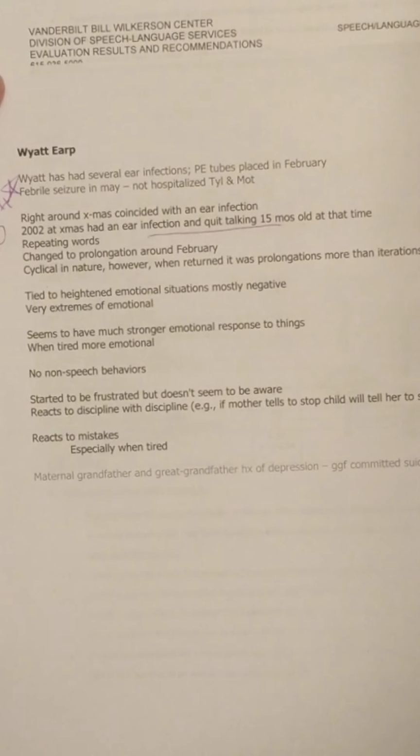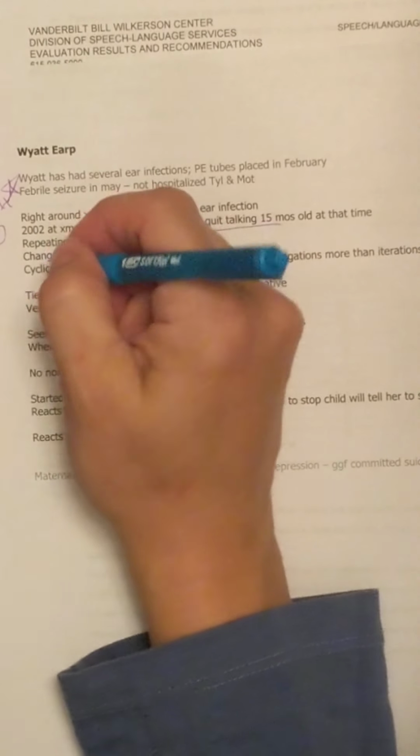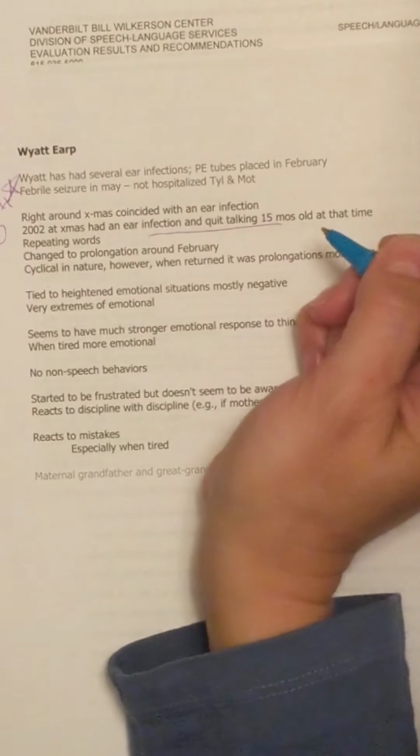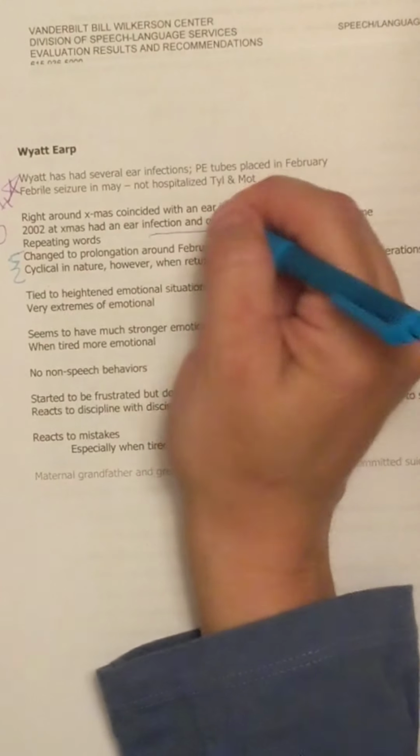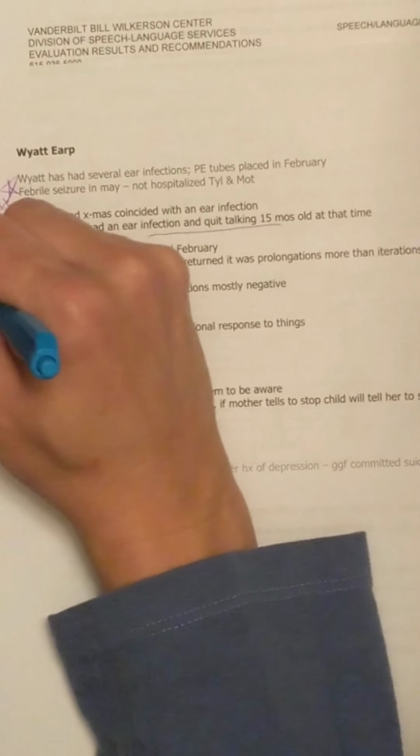One of the things you always ask in your interview is, has the stuttering changed since the first time you noticed it? That tells you something about whether he's going to spontaneously recover from it, so you ask questions about that.